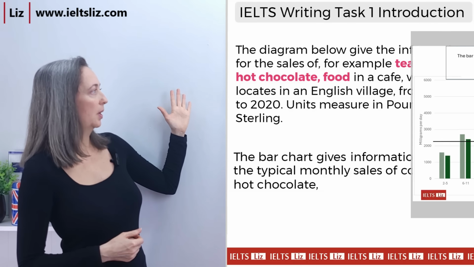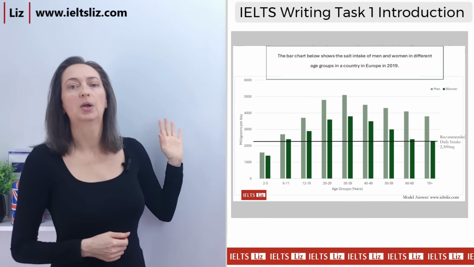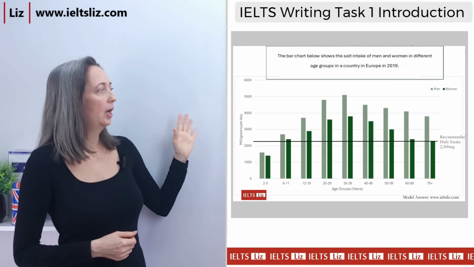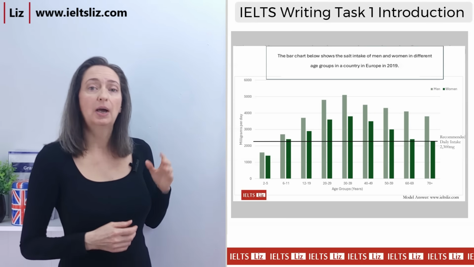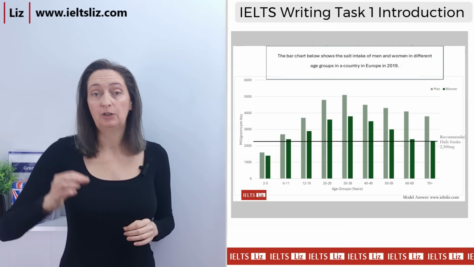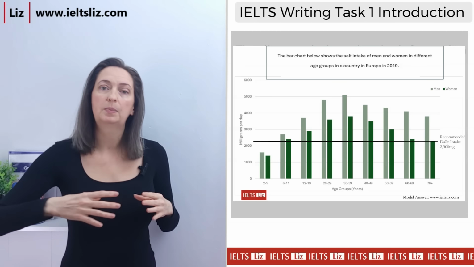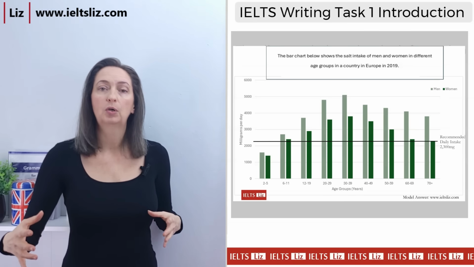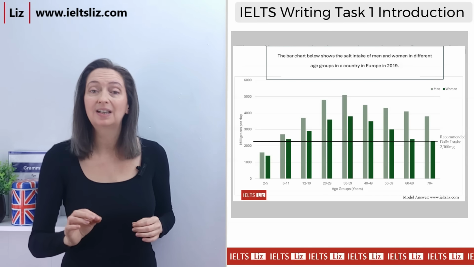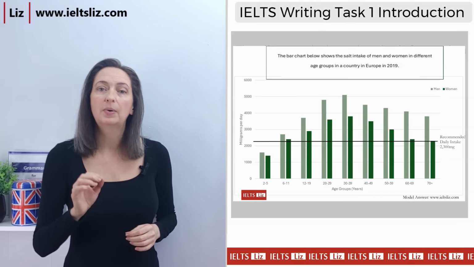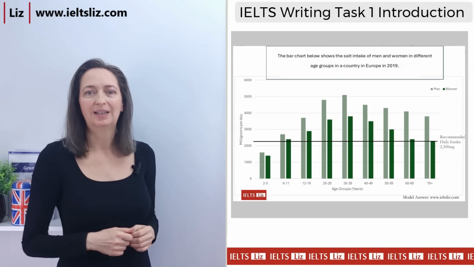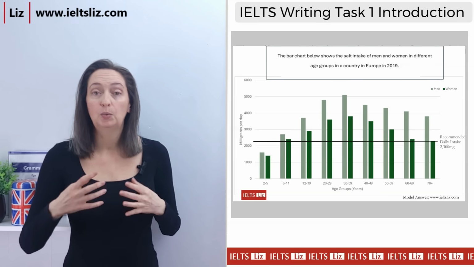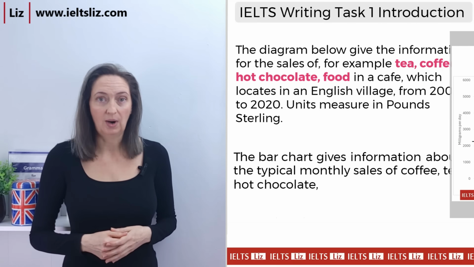So for example, this bar chart, as you can see, there are so many columns. There are actually 9 groups of columns, and each column is an age group. Now, if you were to list each age group one by one, the sentence would become too long, and that's not what we're looking for in English grammar, particularly in IELTS. So in that case, if you've got 9 age groups, you would say 9 age groups, and you would summarize it in that way.